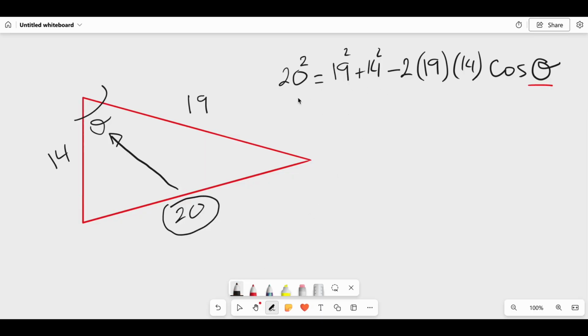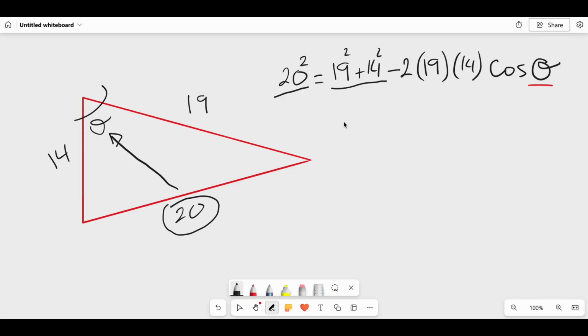So again, using your calculator, you're going to do 20 to the power of 2, 19 to the power of 2 plus 14 to the power of 2, minus 2 times 19 times 14 times cosine theta.